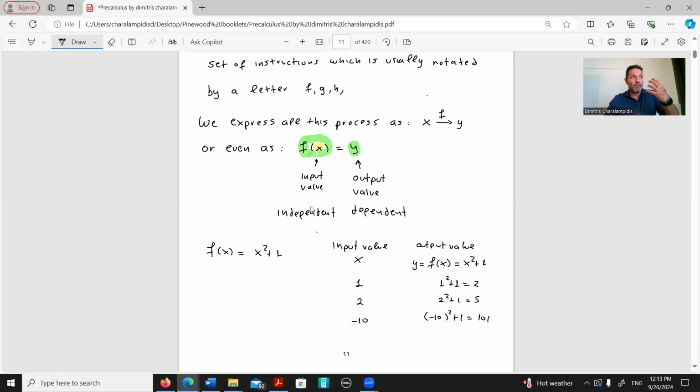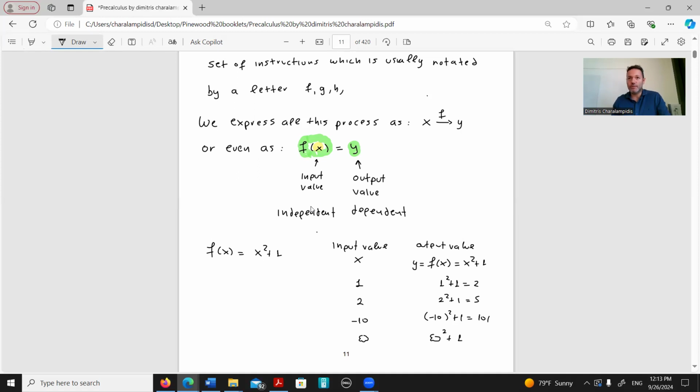And by acknowledging that math is actually a language of symbols, not necessarily numbers, whatever I am given, even that cloud, I would still have to follow the same set of instructions. I would have to get that, raise it to the power of 2, and then add 1.